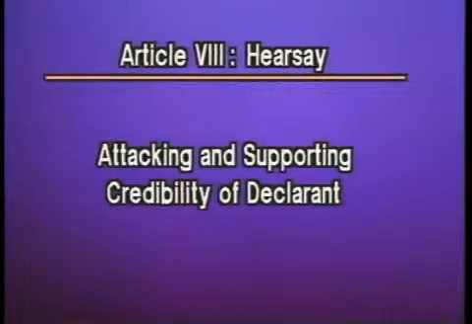Rule 806, in essence, says that the credibility of hearsay, really the credibility of the declarant, the person out of court making the statement, may be attacked, or if attacked, supported, generally in the same manner as any other witness's credibility.